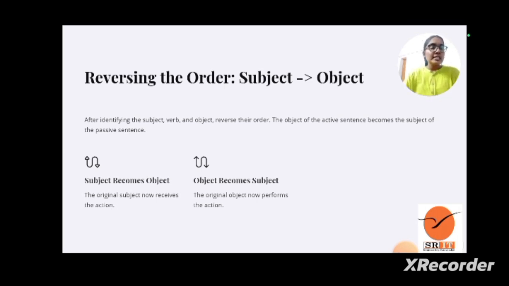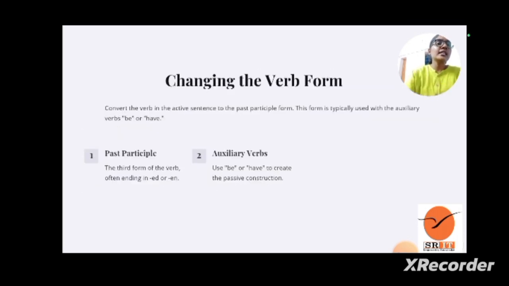Now we'll see how reversing the subject and object looks like. Well, the subject becomes the object and the object becomes the subject, nothing else. So let's see how changing the verb form works. The past participle means the third form of the word, often ending in e, ed or en, which we have discussed before.